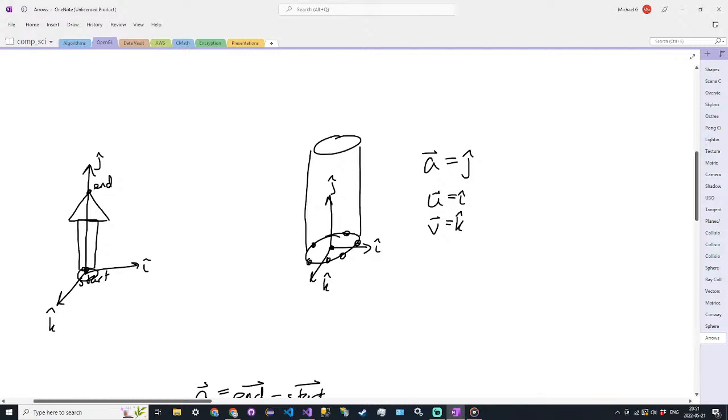And they can be represented, so base is just equal to all points cosine theta, 0, and sine theta. And we looked at polar coordinates last time where theta is in the range of 0 to 2 pi.